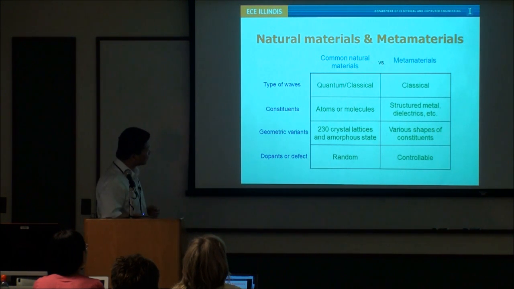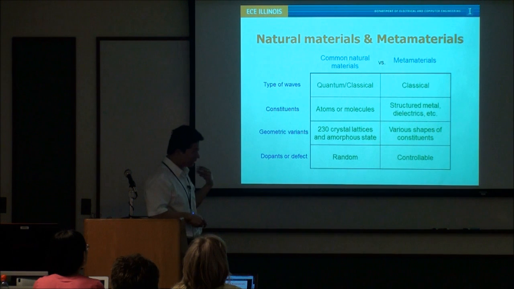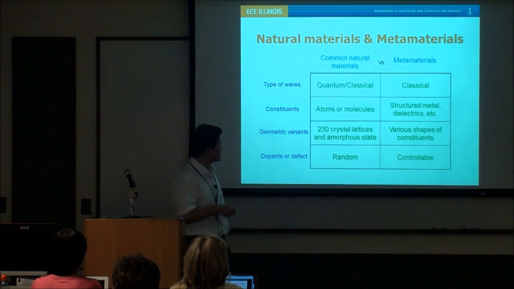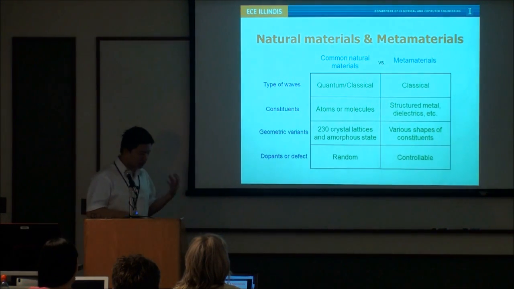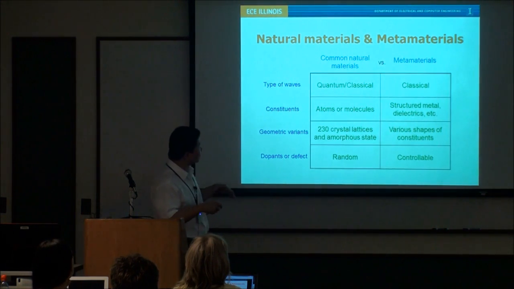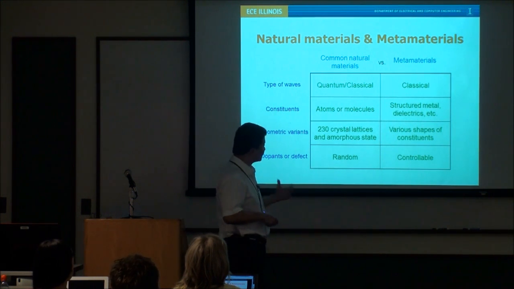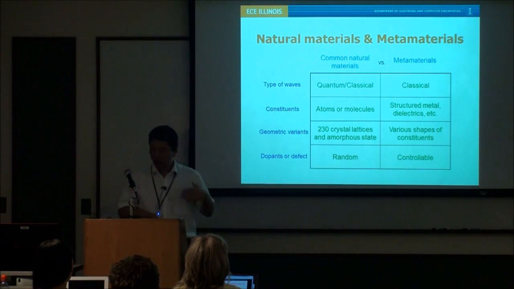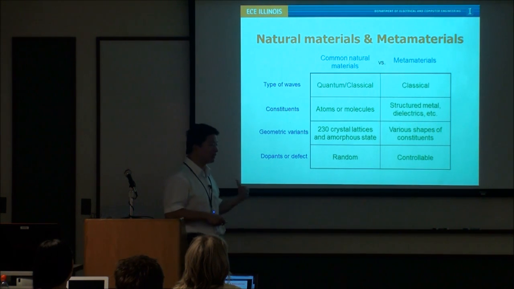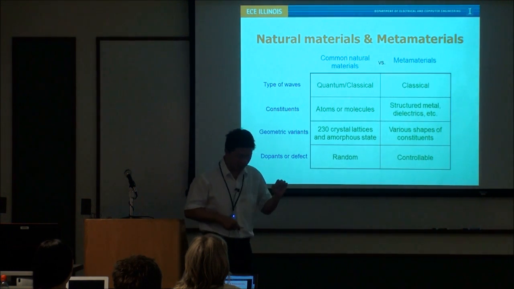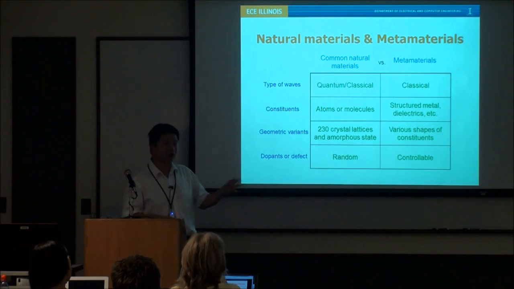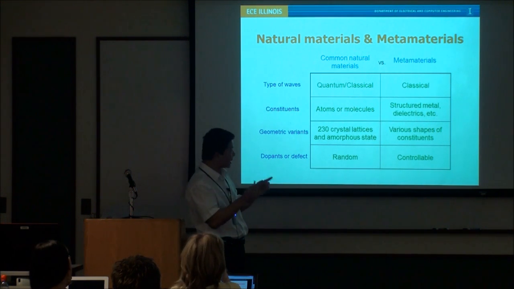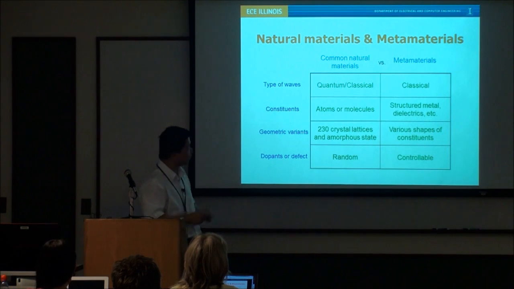In terms of geometrical variants, for natural materials there is a lot of crystal orientation and crystal lattice shape. But metamaterials are engineered materials. They are not defined by nature. So we can always engineer them in a very perfect way, designing them on our computer and using nanofabrication tools to realize exactly the shape we want.